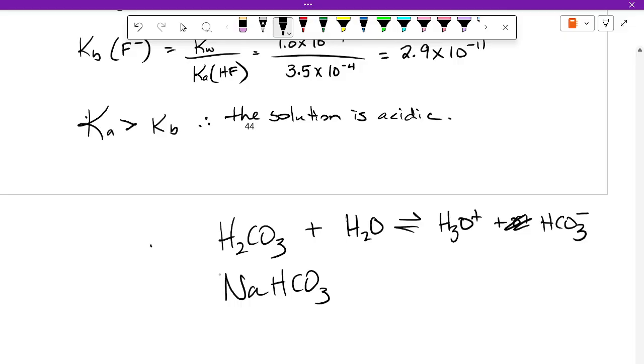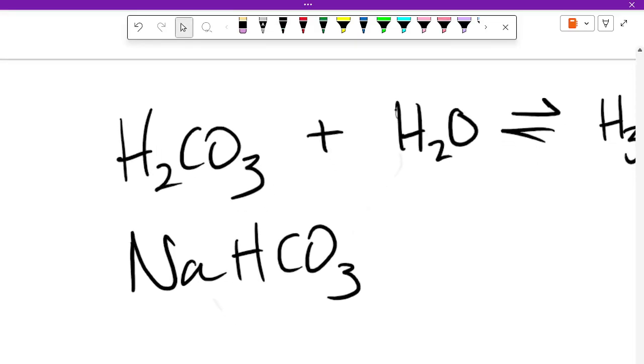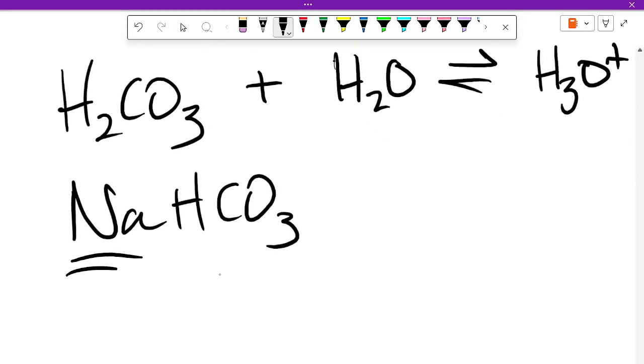And then you can ask, what is that second one doing? But here, there is no second proton, there's only the one proton. Sodium has taken the place of that second proton.